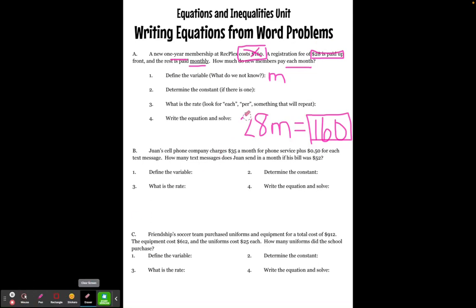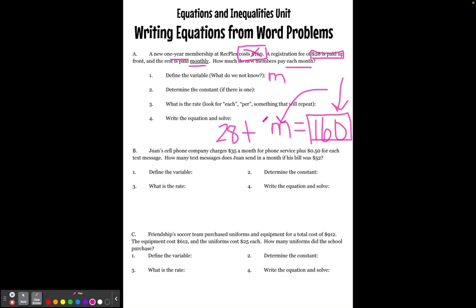So if I'm only paying it once, I'm literally throwing down $28 on the counter once, and then I'm going to add that to whatever my monthly cost is. And at the end of the year, it's going to be 160 bucks. Okay, so this is my overall equation, right? I like to look for what's my variable? Can I tell what it all has to equal in the end? And then I go from there.